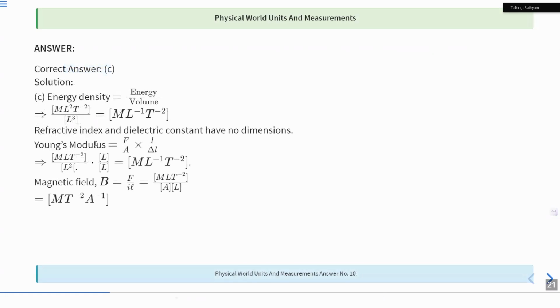Volume is L cube. And what is energy? ml2 t power minus 2. This is again derived over here. Refractive index and dielectric constant have no dimensions, because they are constants. Coming to Young's modulus, force upon area into L by delta L. And this is the final dimension. Let's move further.